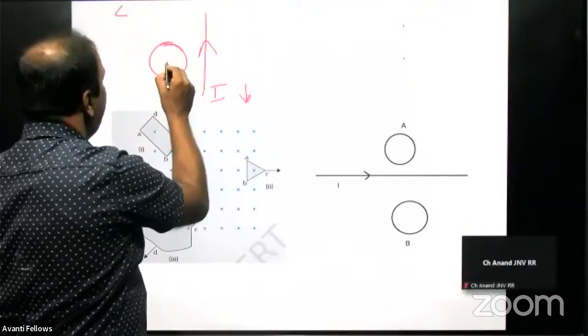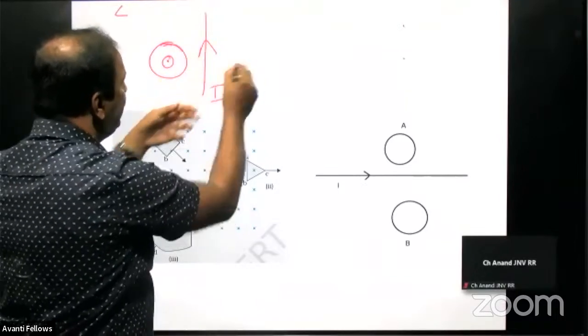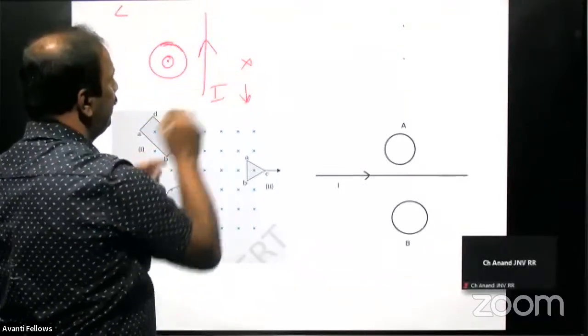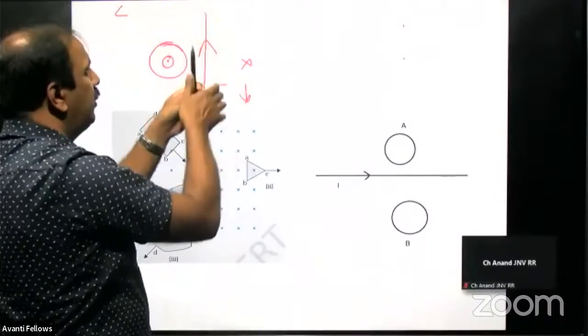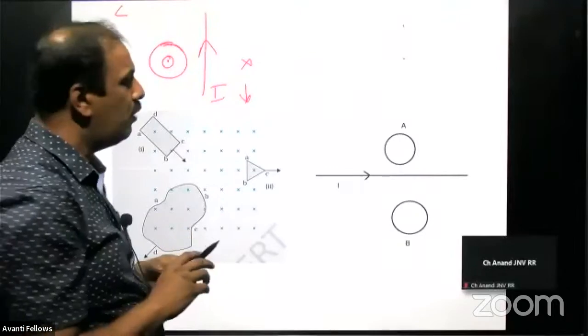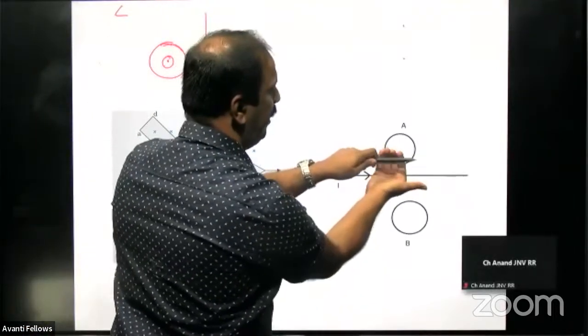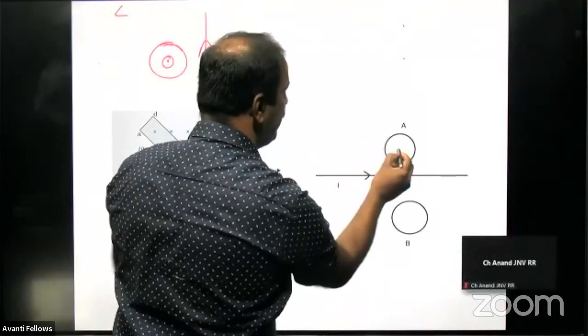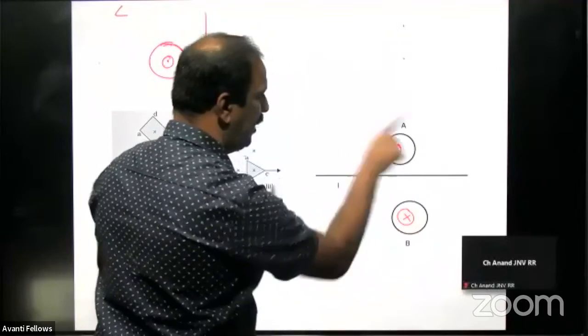So in the center, we have a magnetic field which is coming toward this side. I think it is clear. The magnetic field is like this because the current is going up. So first we have to find that out. In this case, the current is like this, so the magnetic field will be like this. Here the magnetic field is coming towards you. Here it is like this.